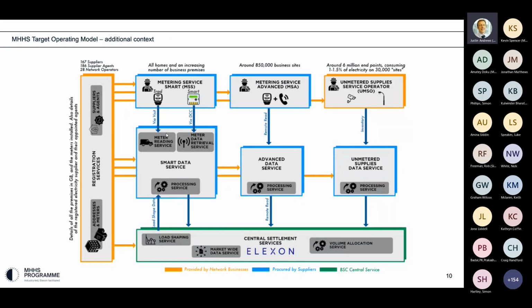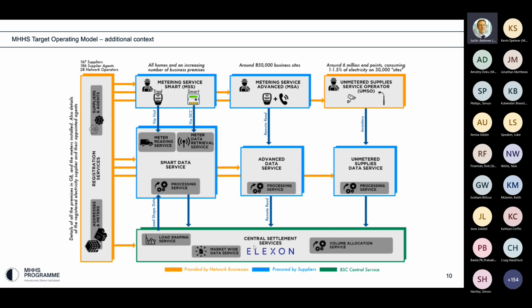And as Kevin has said, you'll have a visit, or a customer might submit a reading. That reading may cover a day, a month, a year, and then the Smart data service uses these load shapes, as Kevin has said, to convert those readings into half-hourly readings, which are then taken into the central systems here.